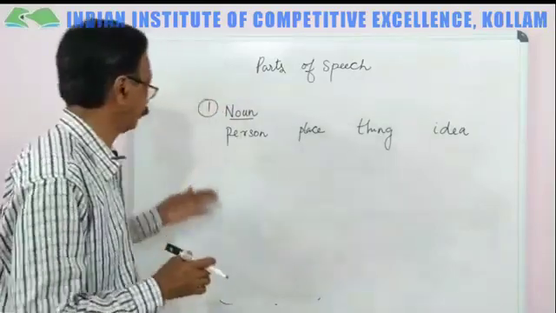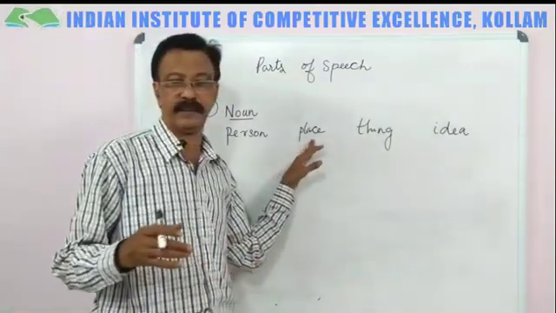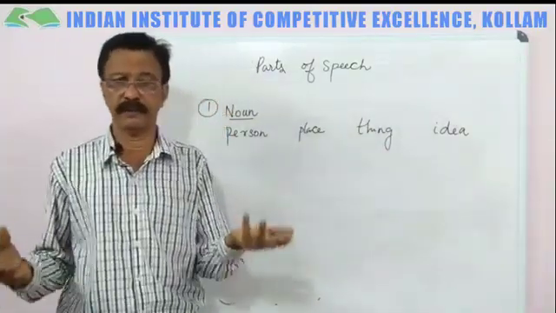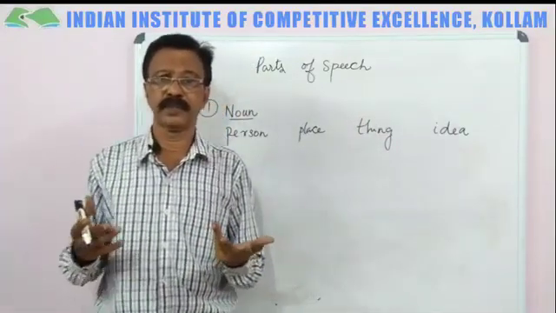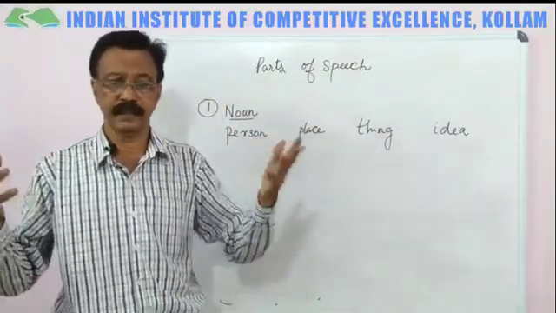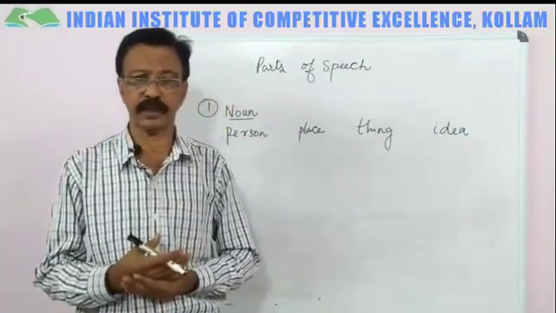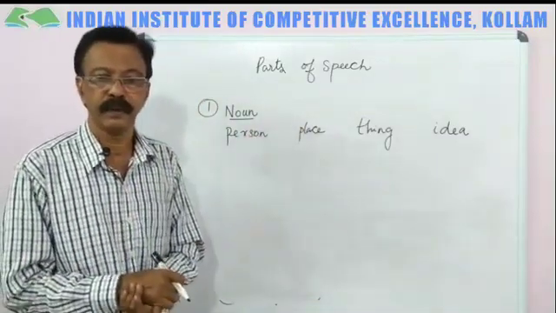Any name. Place. Name of any place: London, New Delhi, Mumbai, Kochi, Pune, Chennai, Thiruvananthapuram, Kollam, Kottayam, Kasaragod. Any name of place.